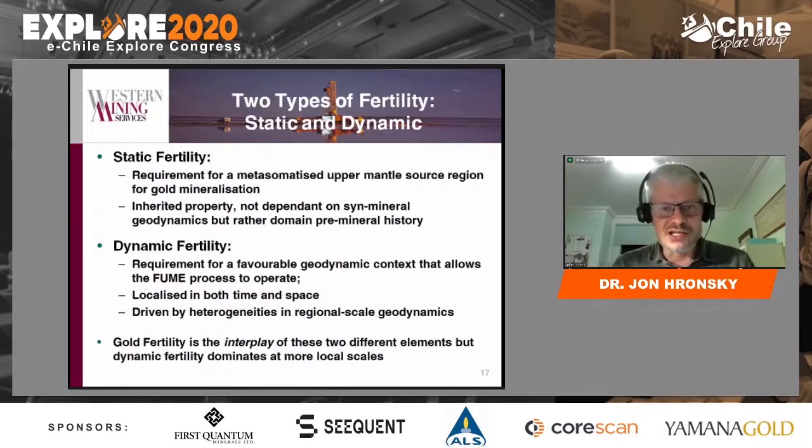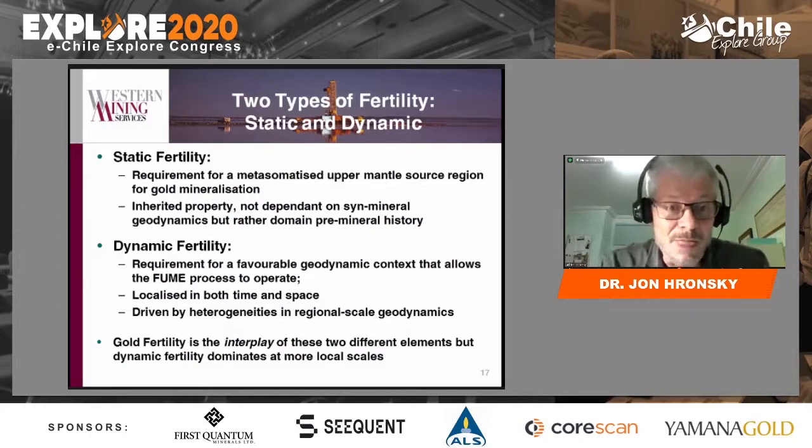So it actually depends rather on the domain prehistory. So at the time that the particular gold-related dynamic event occurred, you'll only make a gold deposit if you do have this source region. And these source regions do tend to be relatively widespread, but they're not ubiquitous. And we'll talk about the constraints on that in a minute.